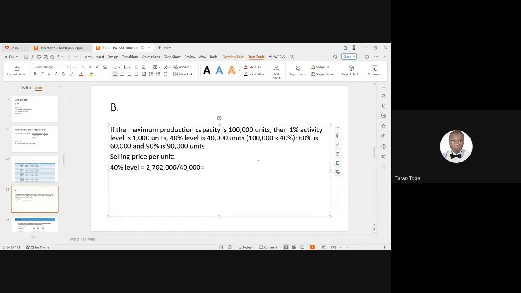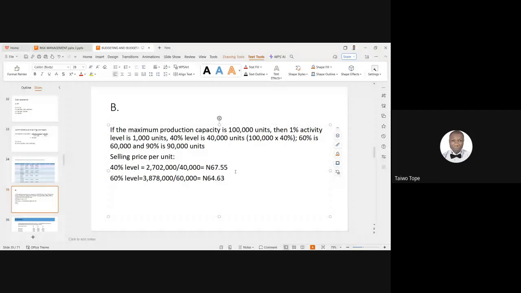So this will be 67.55. And at 60% activity level, it will be what? 3,878,000 divided by 60,000. And this will give us 64.63.